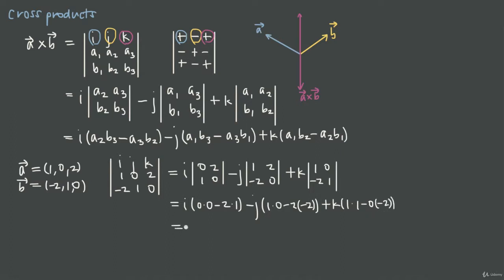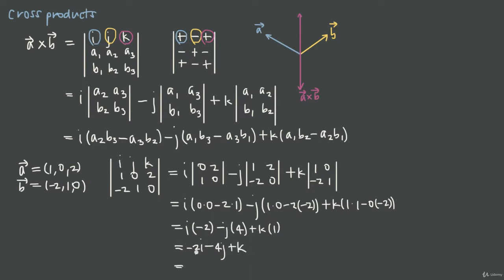If we simplify, we get i times 0 minus 2 is a -2, minus j times 0 plus 4, that's a positive 4, plus k times 1 plus 0, that's a positive 1. So we get -2i, minus 4j, plus 1k, which of course is just plus k.